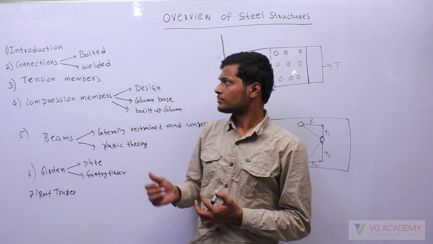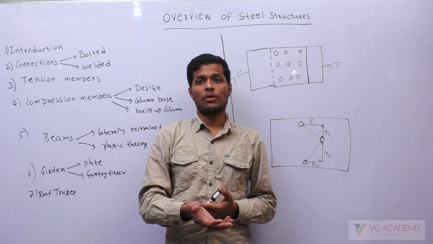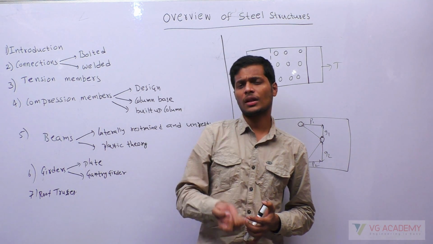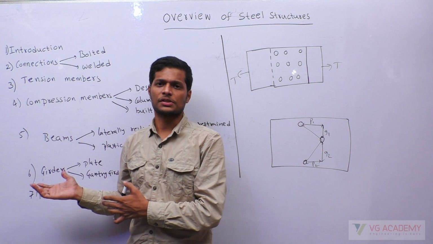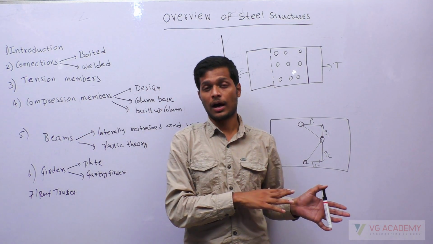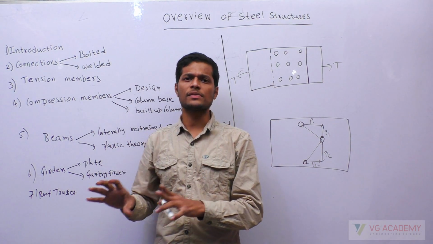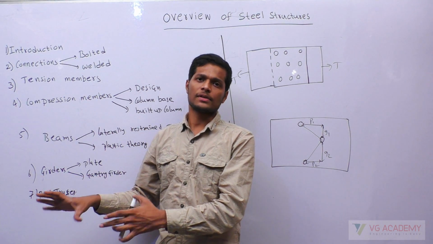But in steel, you need not design anything. Whatever sections are available in the market, we directly purchase and install. That is why you will not have much design in steel structures, unlike RCC. You just have to select which section will suit our purpose, purchase that section and install it at our site.